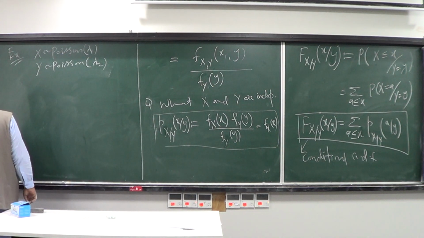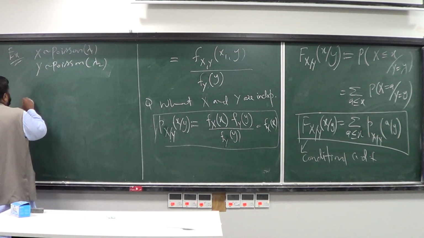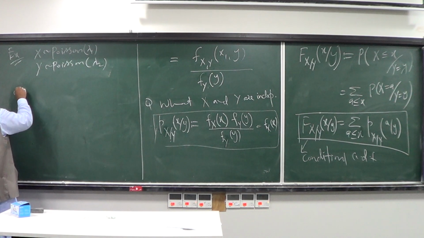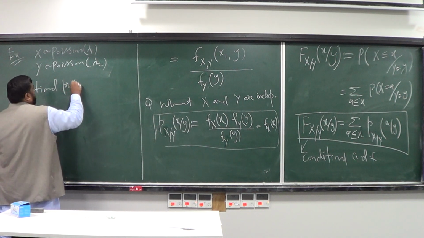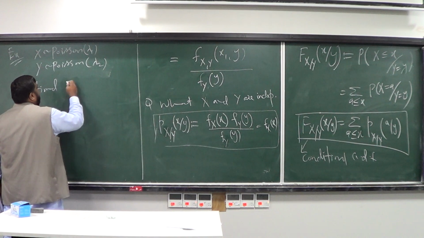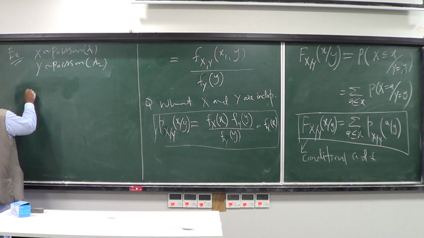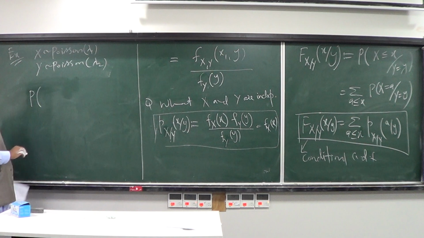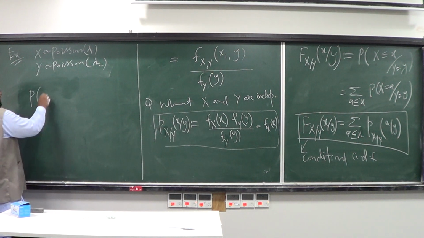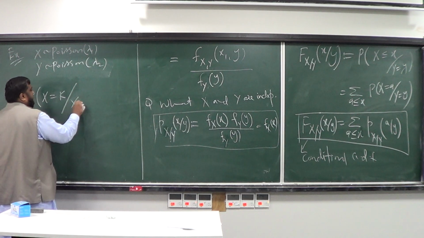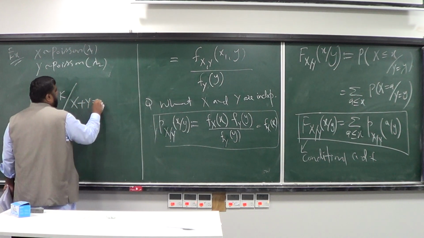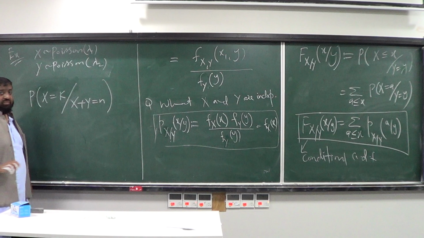Okay, so we need to compute the conditional probability. Or maybe if I write it explicitly, what is the conditional probability that X is going to be k, given that the sum of these two random variables is n?